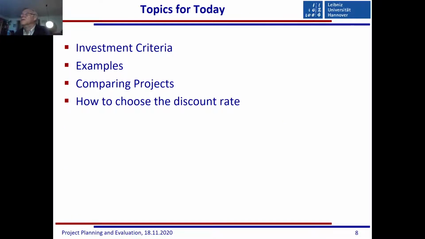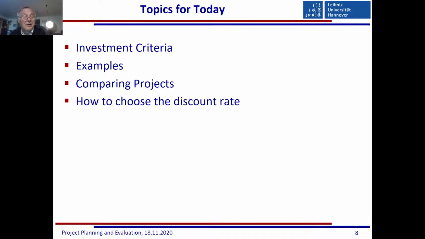So, okay, what are the topics for today? So we continue and complete basically the investment criteria, and we have the examples, and then we talk about comparing projects. That's an important topic because money generally for projects is scarce, and so choices have to be made.